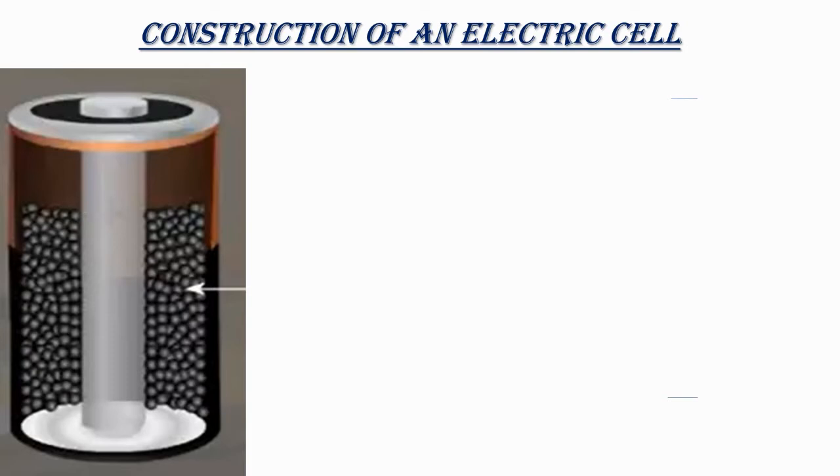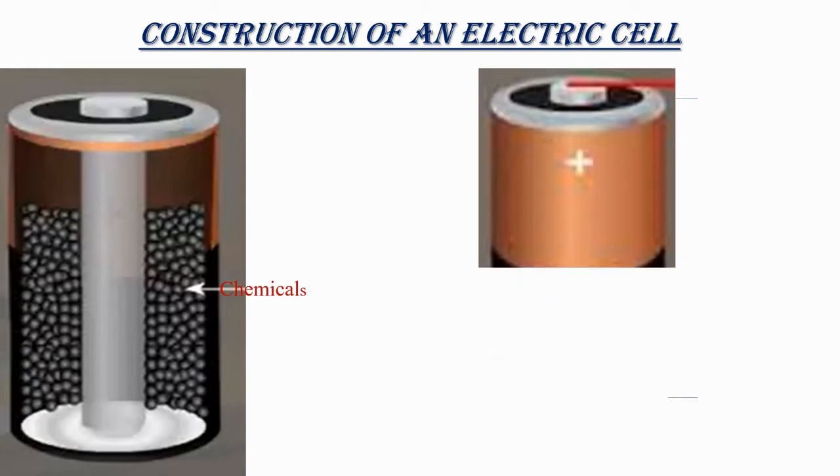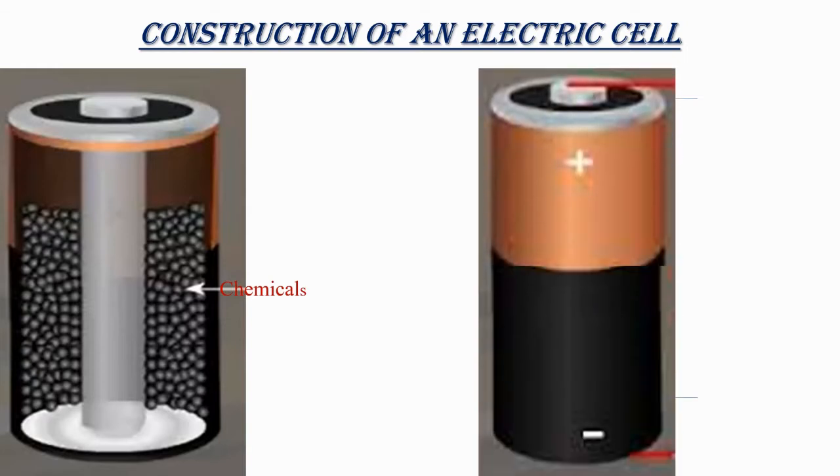So now let us understand the construction of an electric cell. An electric cell is cylindrical in shape, having chemicals stored in it. It has two terminals, that are positive and negative terminals.